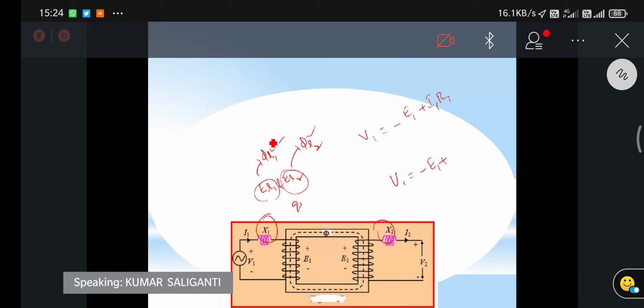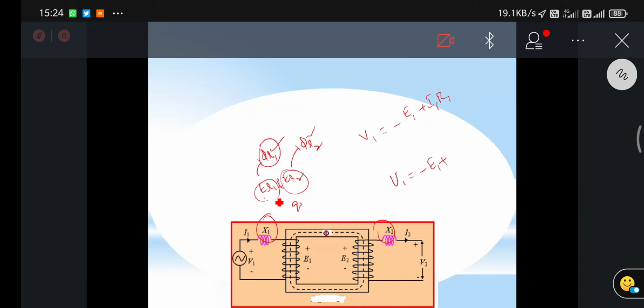But because of the leakage flux, EL1 and EL2 are both present, so we need to overcome these two. That is why V1 equals minus E1 plus I1 times R1 plus jX1.